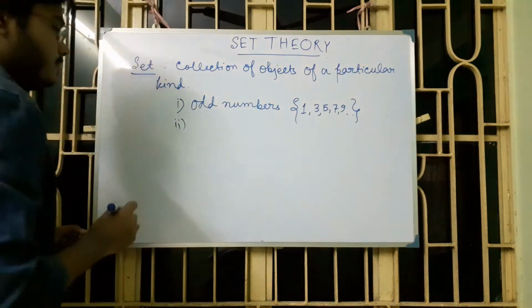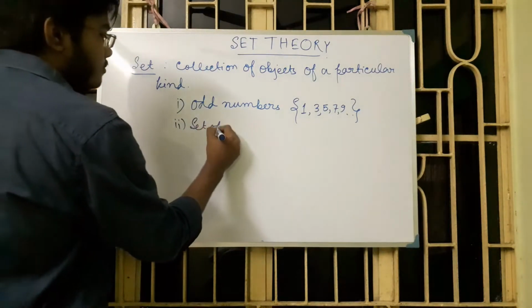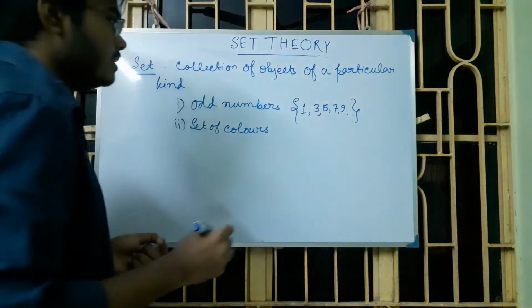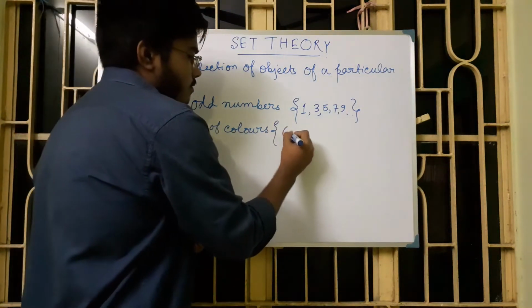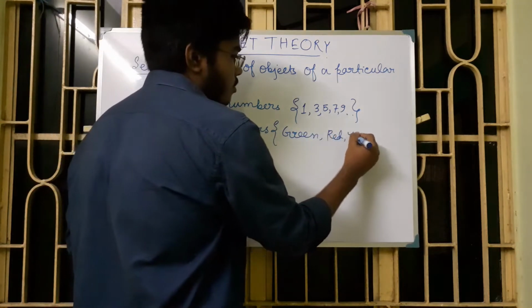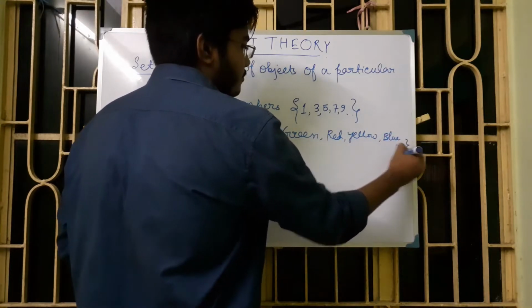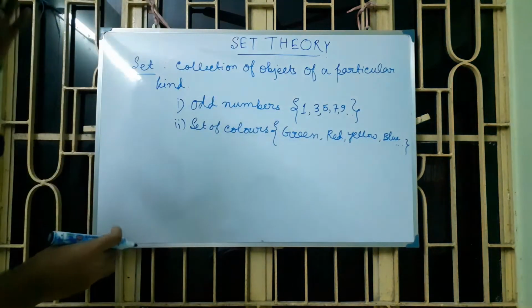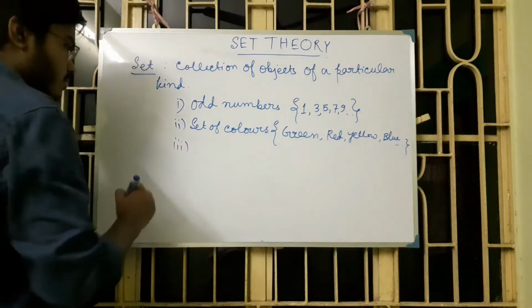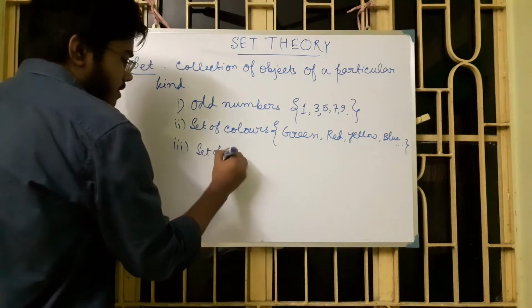Let us suppose the set of colors: green, red, yellow, blue, etc. Many colors. And the third one, the set of prime numbers.